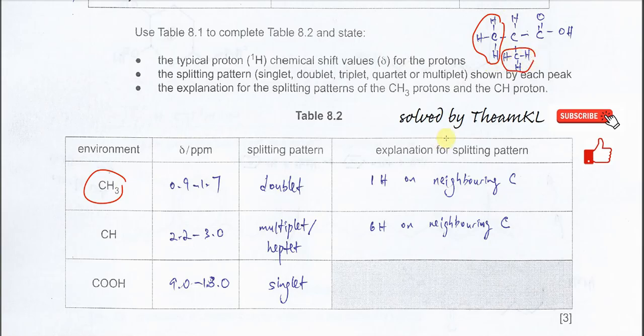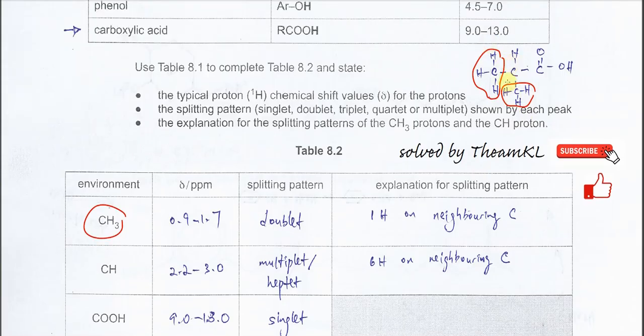In order to get the splitting pattern, we need to see how many protons are on the adjacent carbon. For these 2 methyl groups, the adjacent carbon is this one, and it has 1 proton only. So these 2 methyl groups as one group, 1 plus 1, you get 2.